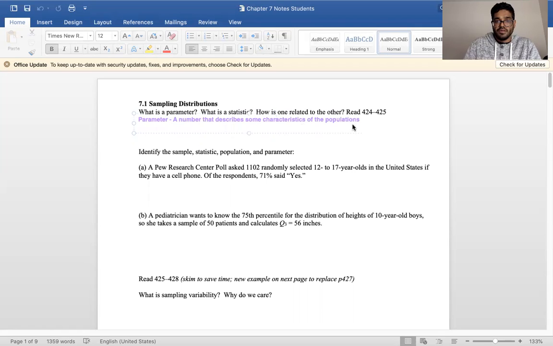So again, think of the P's. A statistic is a number that describes some characteristics of the sample.